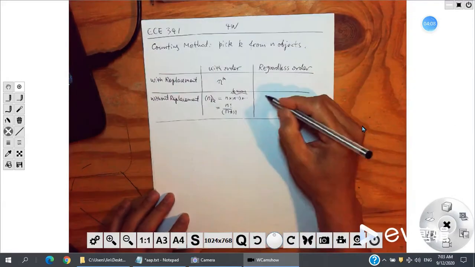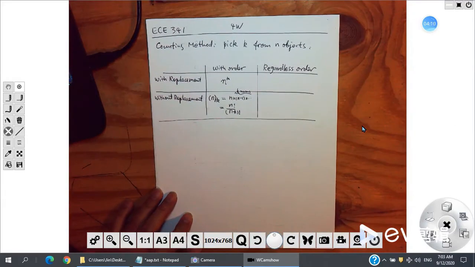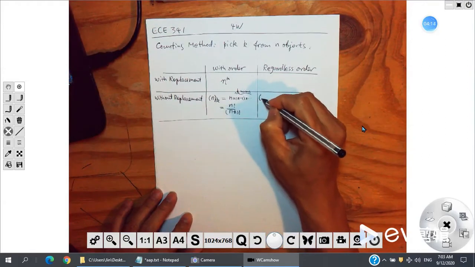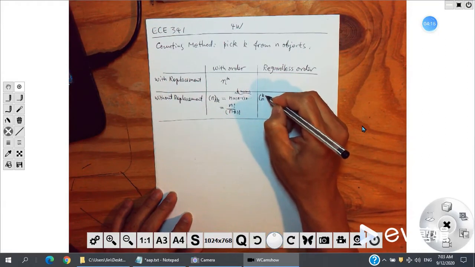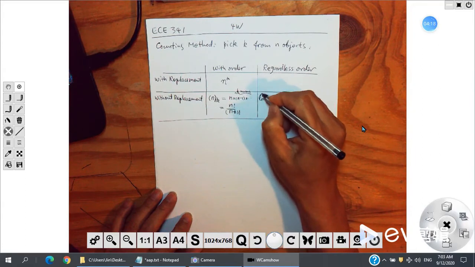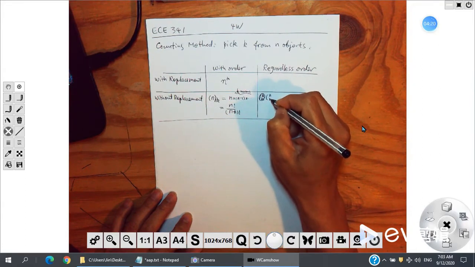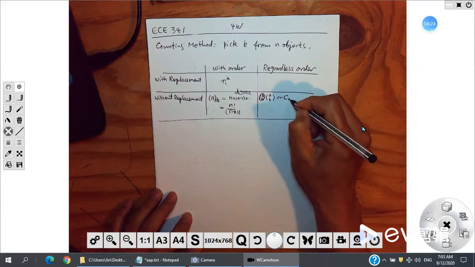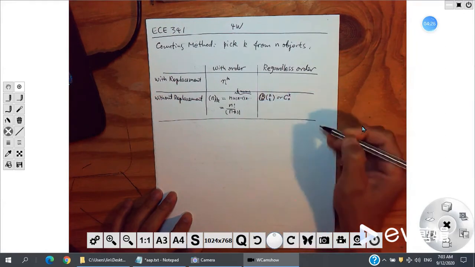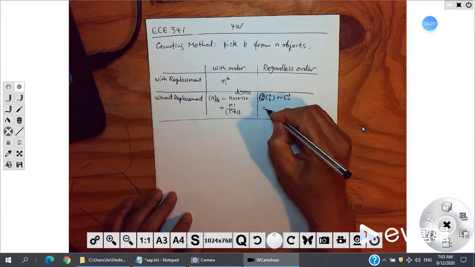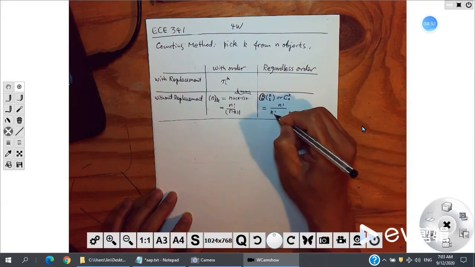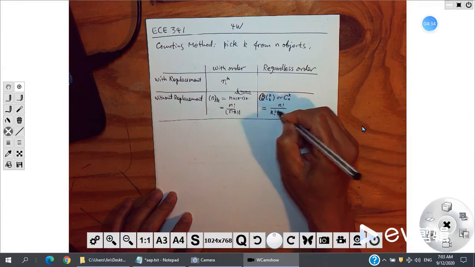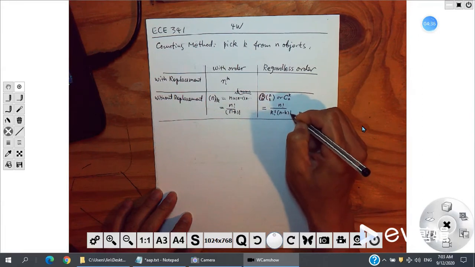And here if we disregard the order, then the number is n choose k from n, or C n k. The value is n factorial over k factorial times n minus k factorial.